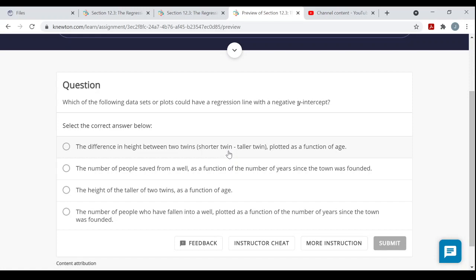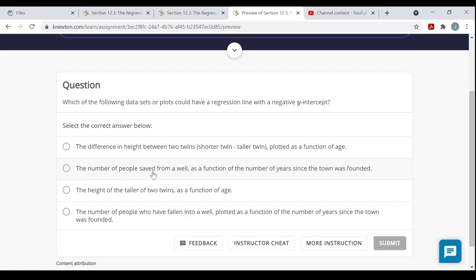You could talk about when they're newborn. Maybe you could do that. When they're age 0, take the shorter baby minus the taller baby when they're immediately born, and that would be negative. So I'll leave this one as a possibility, even though it kind of doesn't make sense to me having age 0. Let's see if it makes more sense than some of the other ones.